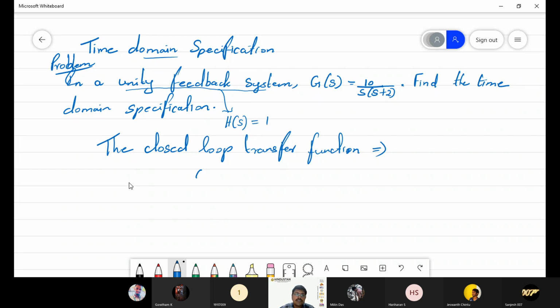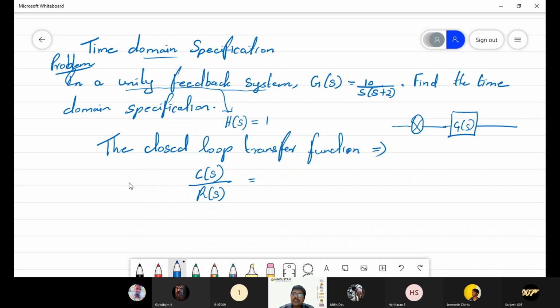In general, we write C(s) divided by R(s), the Laplace transform of output to the Laplace transform of input, that is equal to the generalized feedback system expression with G(s). Here the feedback is given.